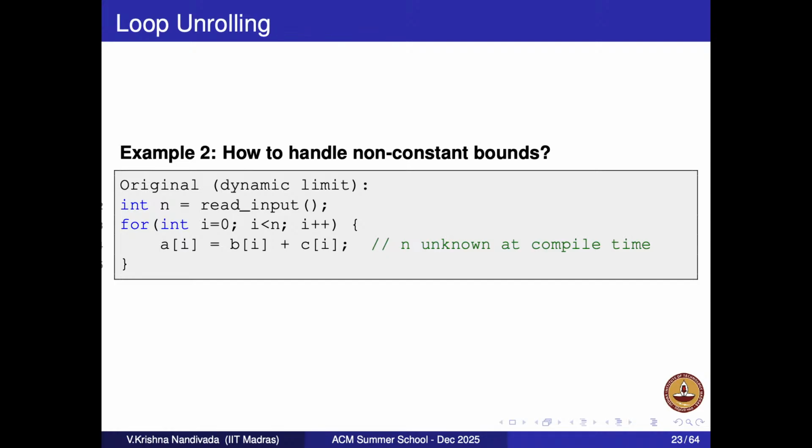We are not talking about profitability. Let us first think of safety. So typically loop unrolling is profitable if the bodies are small. Okay? So for the time being, let us say we are thinking that it is profitable because the body is small. My question is, I don't know the value of n.